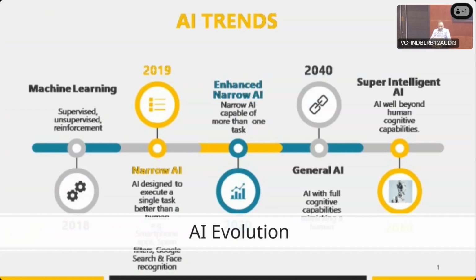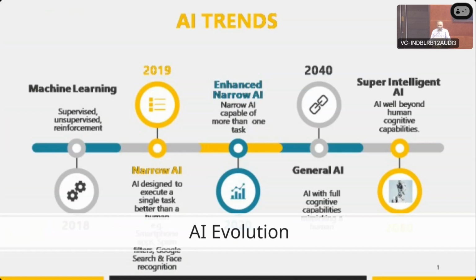And according to these trends, we are somewhere in that enhanced narrow AI, capable of more than one task, like the current LLMs or large language models, which can reason to some extent, and have almost unlimited knowledge because they've been trained on something like three-quarters of the internet, right?